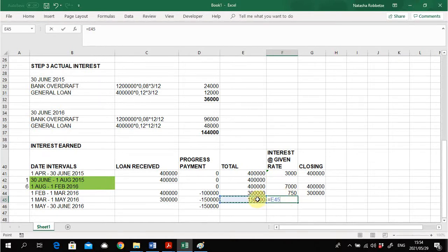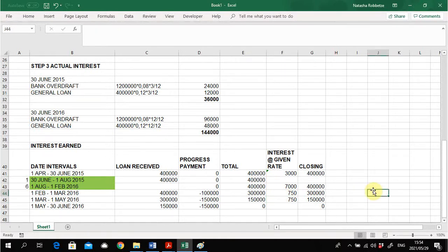So it's going to be the 150 times the 3% times the months in this interval, which is March and April. May I'm not going to add because it's the 1st of May. Then this 150 will be carried over because that is the loan amount. We minus it, there's 0, so there will be no interest that can be calculated.